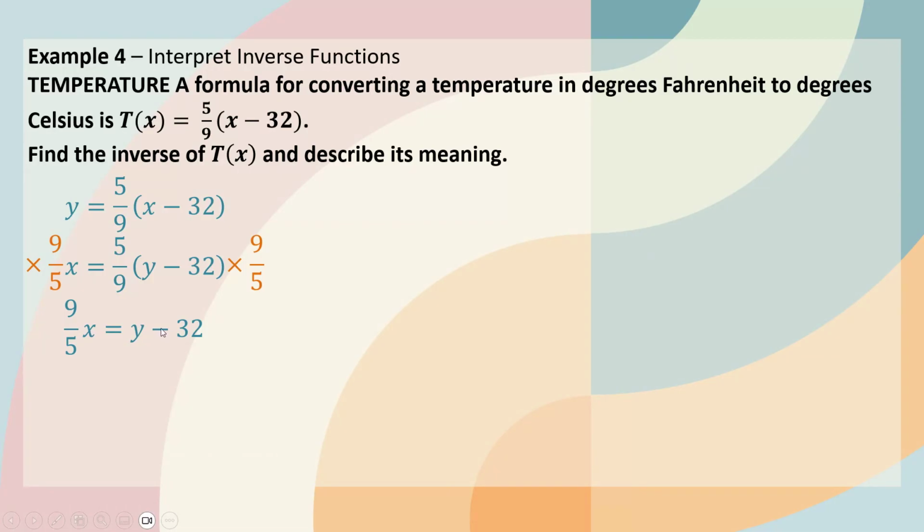So the inverse operation of subtracting is adding, so I'm going to add 32 to both sides. And then I would replace the y with t inverse of x. And since the original formula converted temperature from Fahrenheit to Celsius, the inverse will convert from Celsius to Fahrenheit.